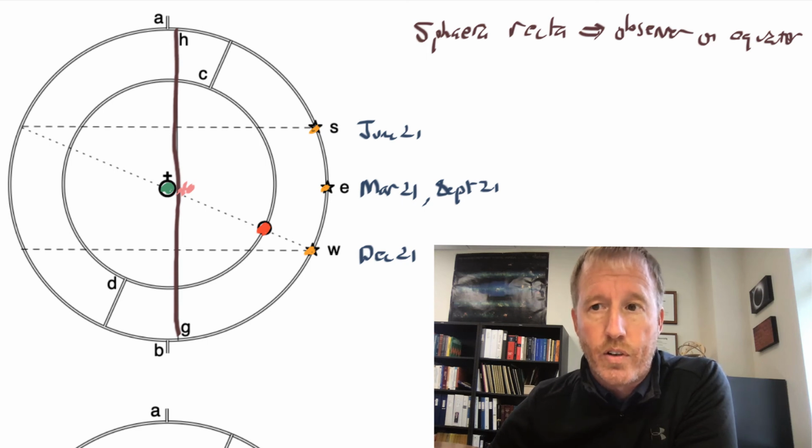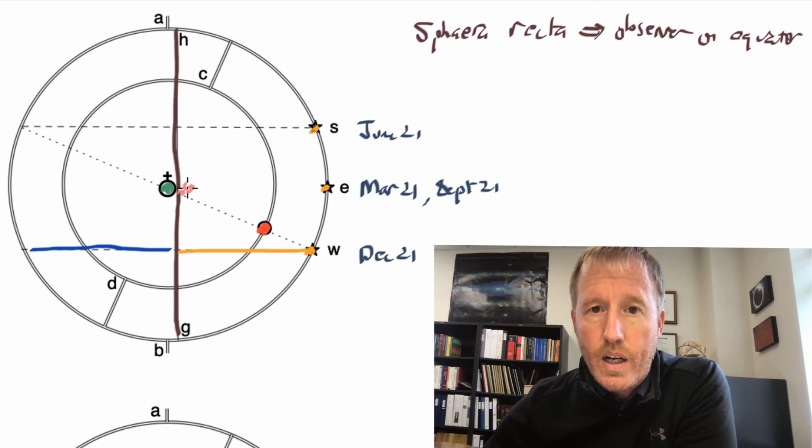And one of the important points to notice is that as this outer celestial sphere is rotating around once per day, the sun will be above the horizon right there on the winter solstice and below the horizon right here.